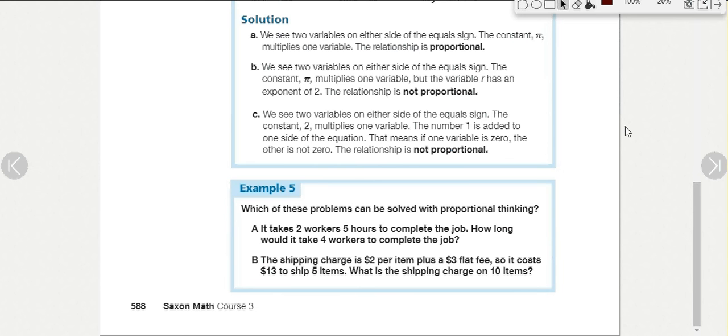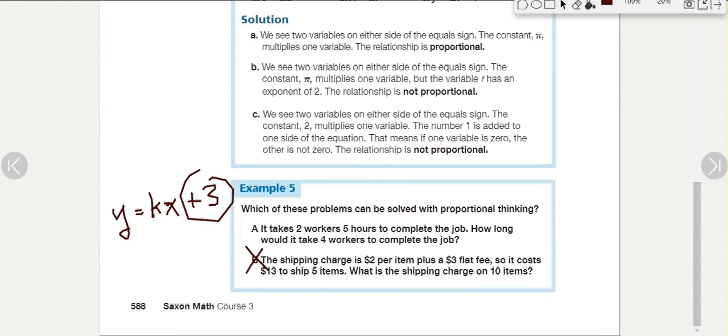I notice right off the bat, I see a flat fee, which means this formula is definitely going to have, I don't know, y and a k and an x, but there's definitely going to be, when you start with a base fee, like with the taxi cab or whatever it is, you add 3, and now it's not going to go through the origin because of that. No. In letter A, I don't think it works because we changed the number of workers.